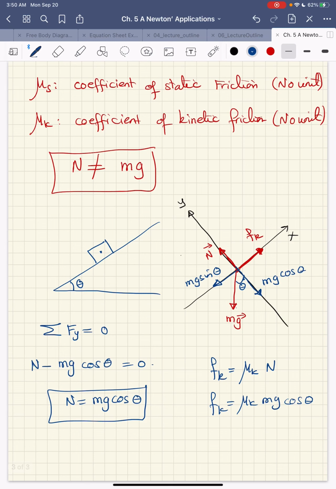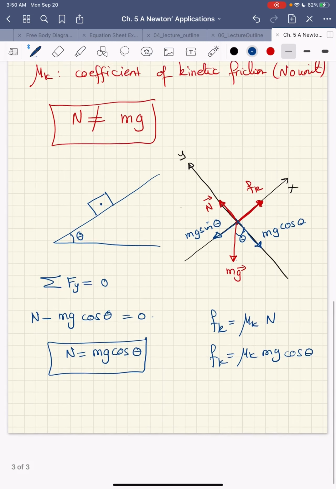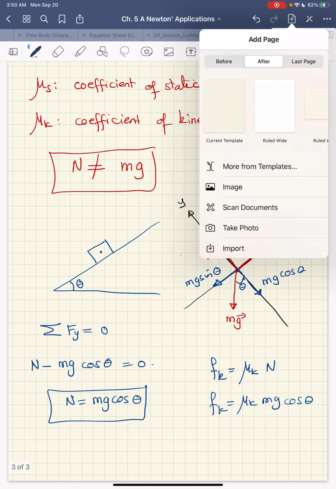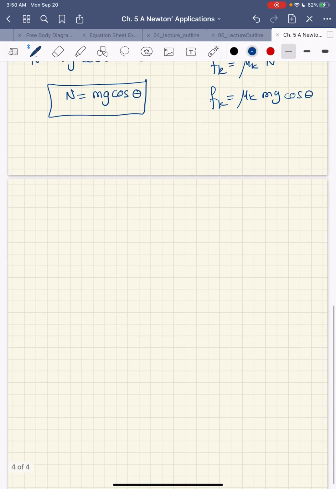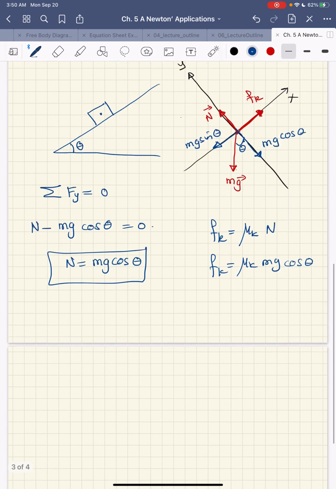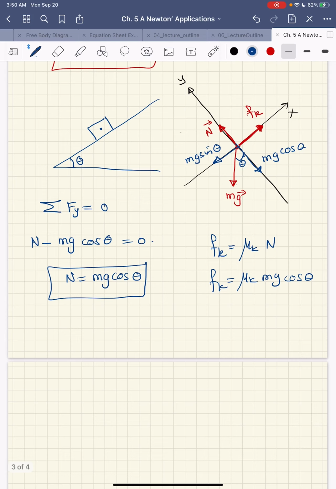Now we cannot have exact values for the friction whenever we are going to measure the coefficients of kinetic or static friction. We need to measure it on any surface.